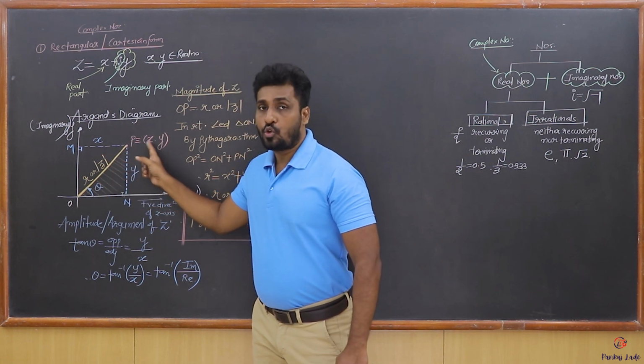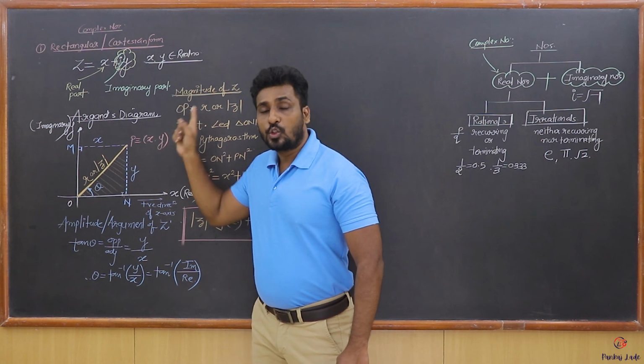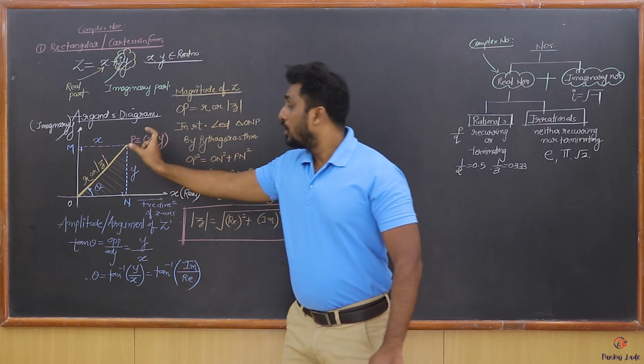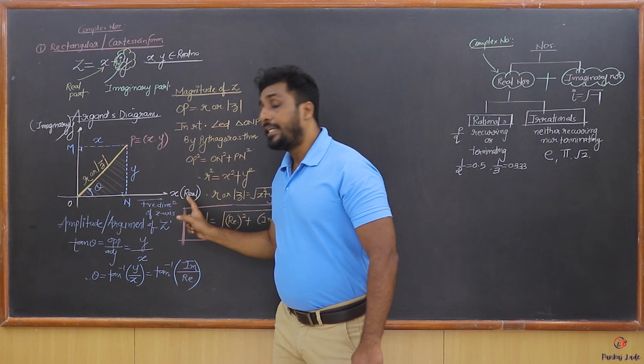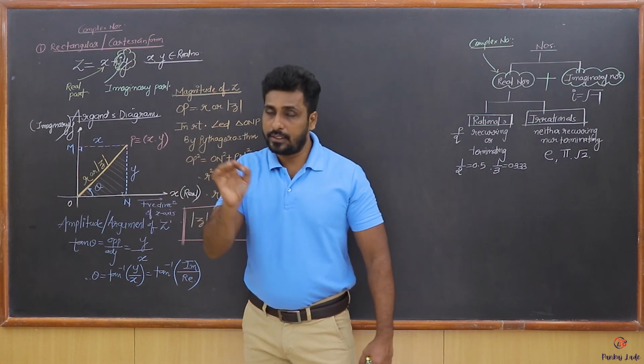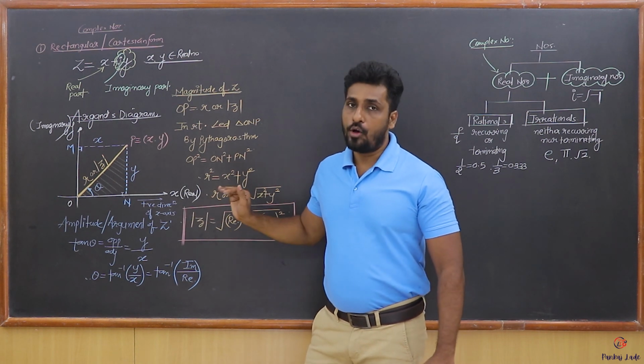P is the point whose coordinates are x comma y. X is the real part, y is the imaginary part. So who is theta? So theta is the angle made by the ray or segment OP with the positive direction of x-axis in the anti-clockwise direction. So this theta is given by the formula tan inverse of imaginary part upon real part.